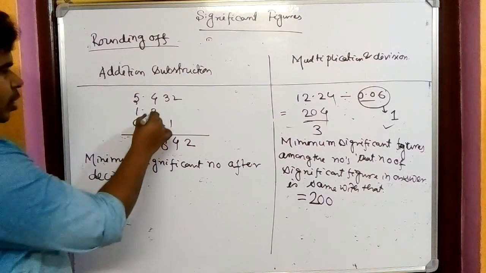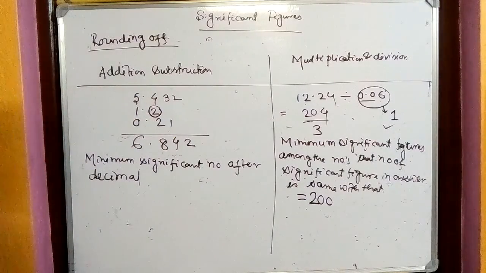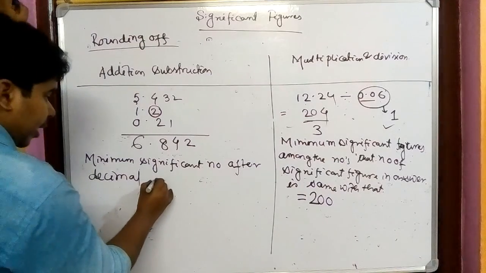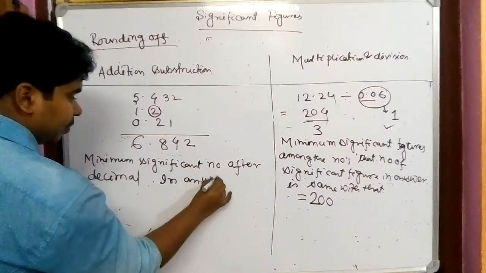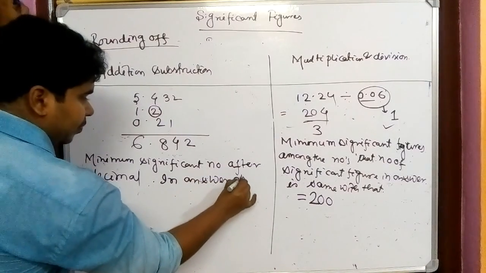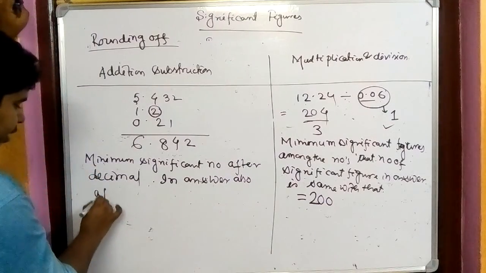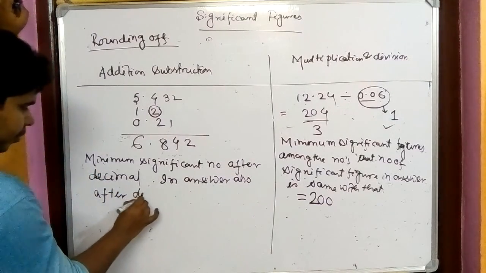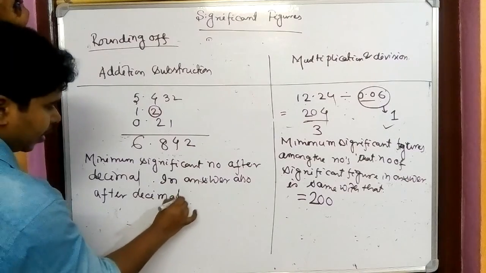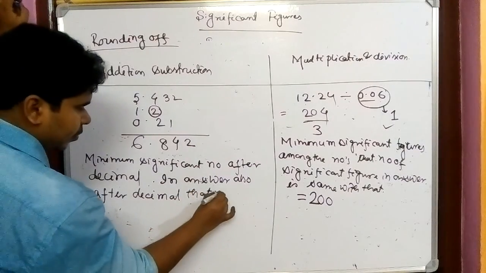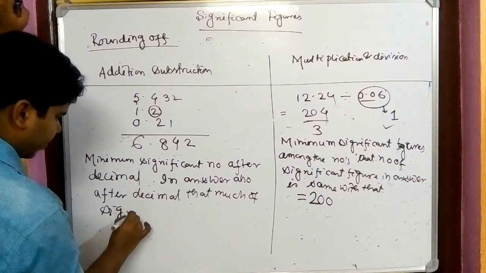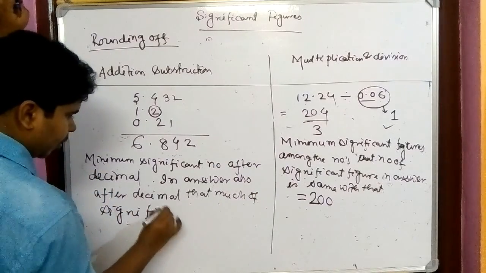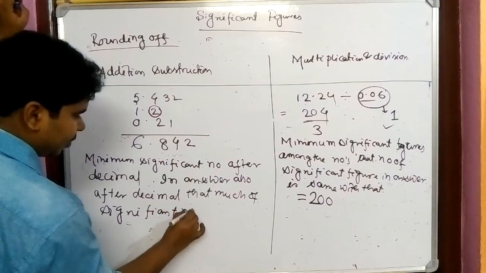In which number among the numbers we have given is the minimum significant number after the decimal? After the decimal, you see it's 1.2. So whatever the minimum significant number after the decimal is, in the answer also after the decimal, that many significant numbers.